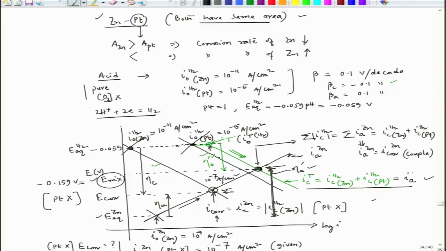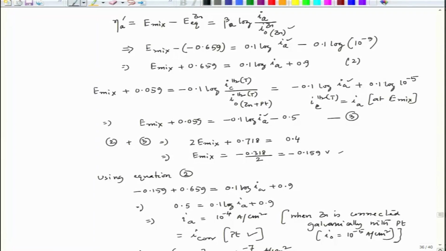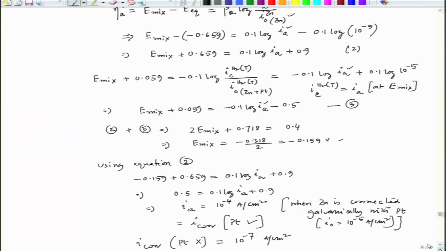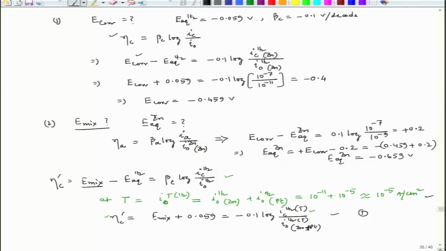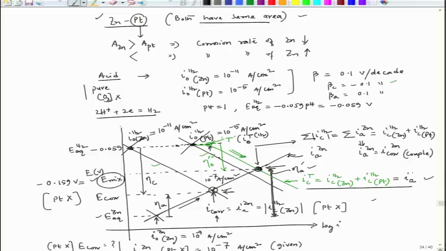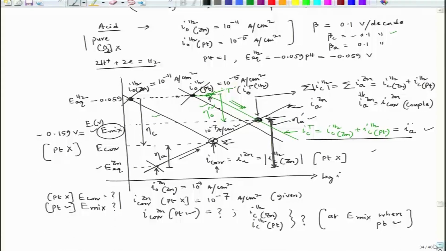So, this is one numerical problem which talks about how we can get all those values.